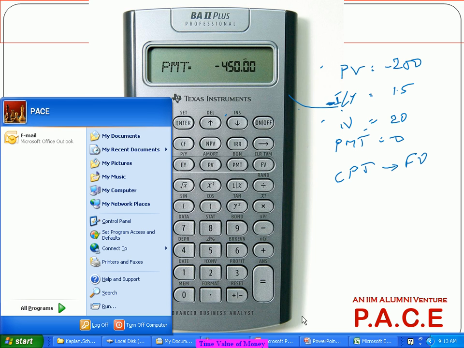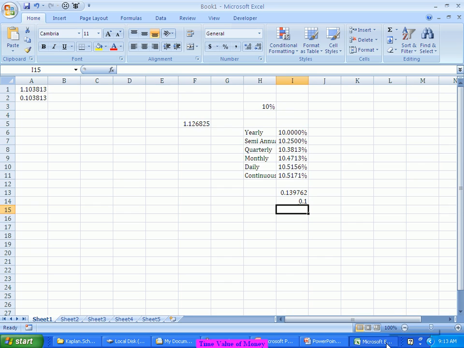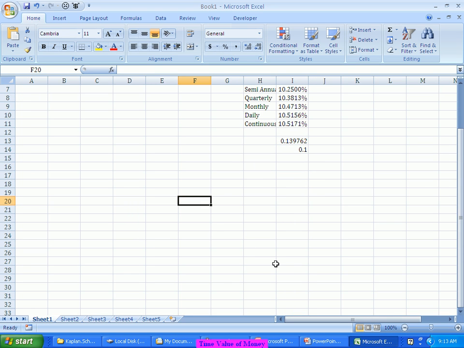So if I put the same calculation in a spreadsheet, what am I going to get? I'll say FV. So 1.5% is the interest rate, 20 periods, PMT is 0, PV is minus 200.